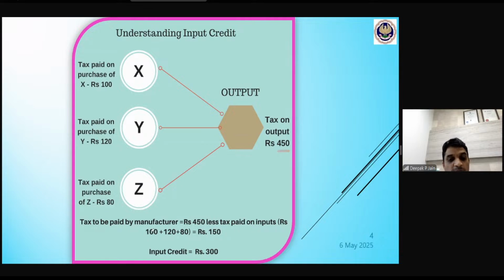So the tax to be paid by the manufacturer, he is a manufacturer. Now, how much tax will he pay to the government? Output tax, which is 450 rupees, less input tax, which is 100, 120, and 80. When you add all of this, which is 300, 450 minus 300 is 150 rupees. This is your GST payable.